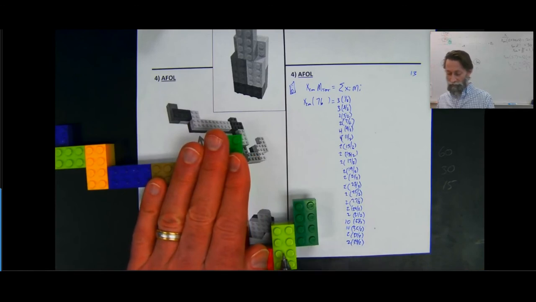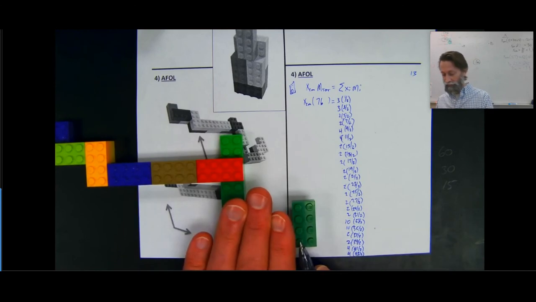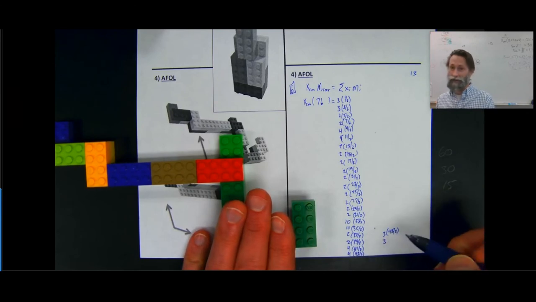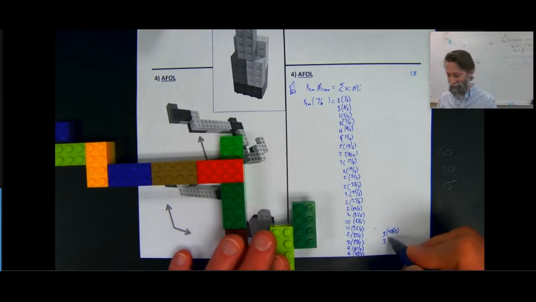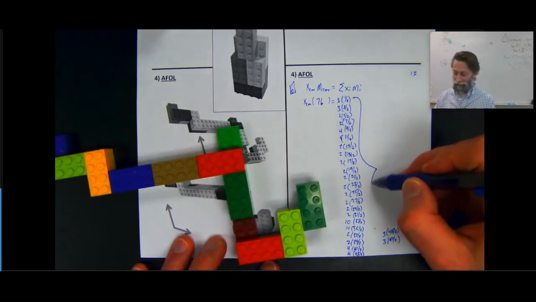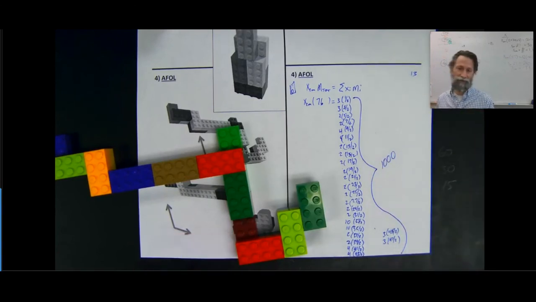Then I'm going to have 2 columns of 4, so 4 times 41.5 and 4 times 43.5. And then the last 2 are going to be 3 times 45.5 and 3 times 47.5.